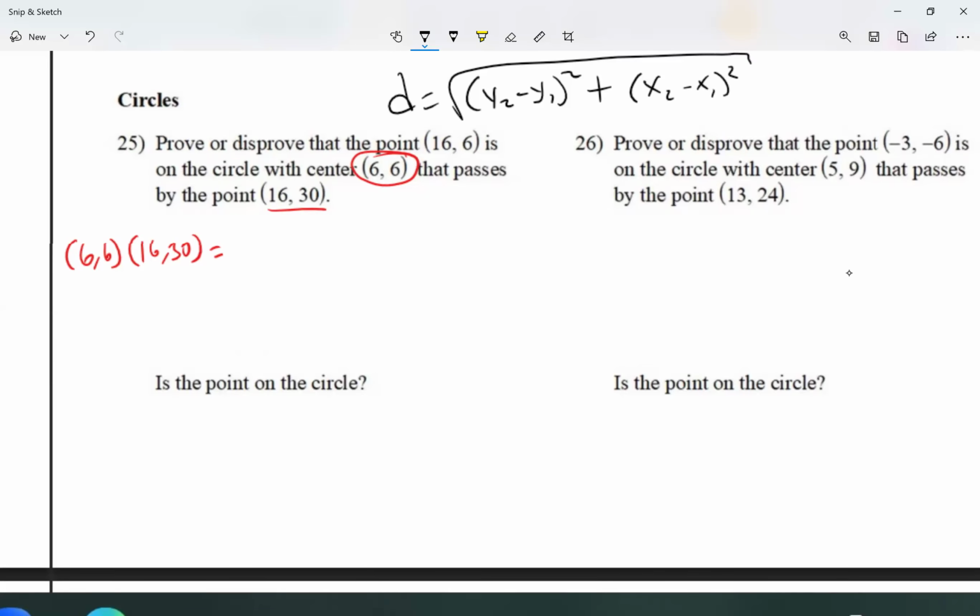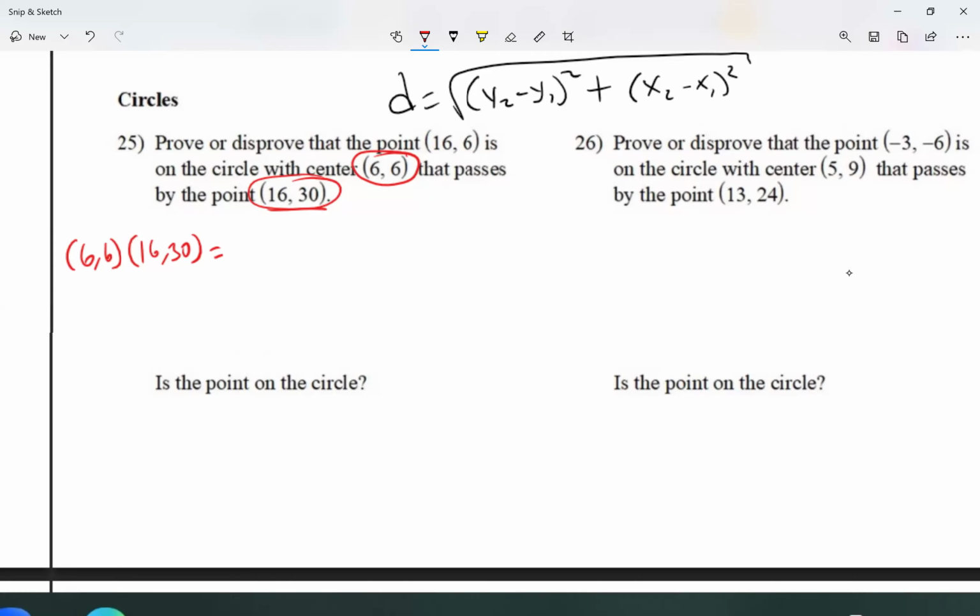Okay, so having that said, let's see. So remember, I have the center and the point (16, 30). So I'm going to subtract the y's. And remember, I already talked about a secret. The order, I could go 30 minus 6 or 6 minus 30. In reality, the order doesn't really matter. The difference is going to be a sign, right? My answer is positive or my answer is negative. But because I'm going to square the answer, I'm going to get rid of the negative.